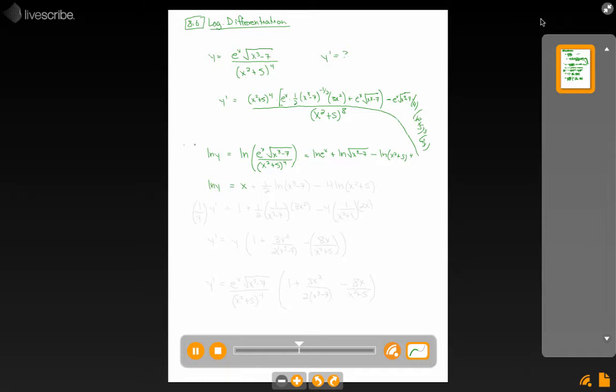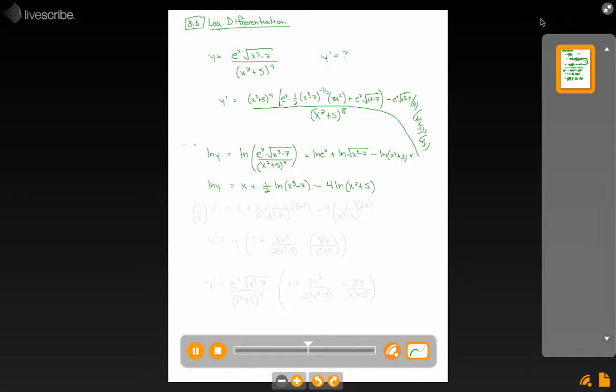Anything with an exponent on it, we can bring the exponent outside. So for example, the natural log of x cubed minus 7, and the same thing here, I can bring this 4 out front, so I have 4 times the natural log of x squared plus 5. It turns out that the derivative of each of those terms is not very complicated.